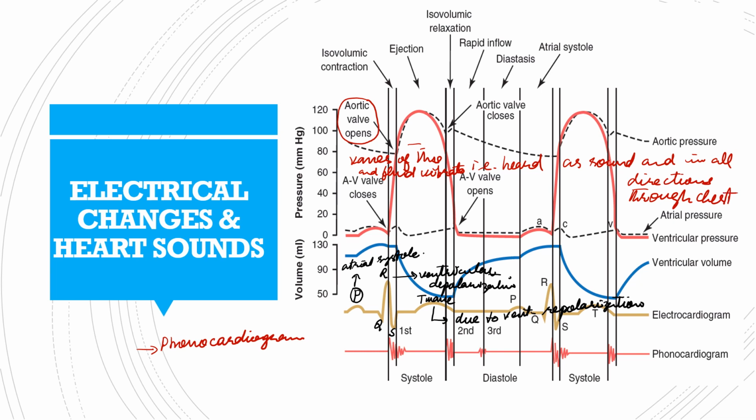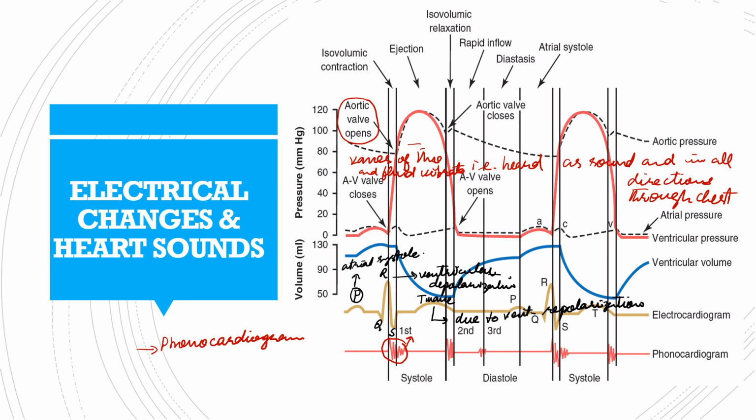When ventricles start to contract, one listens to a sound that is called first heart sound, and that appears due to the vibrations produced by the closure of the AV valves. The vibration pitch is low and relatively long lasting.